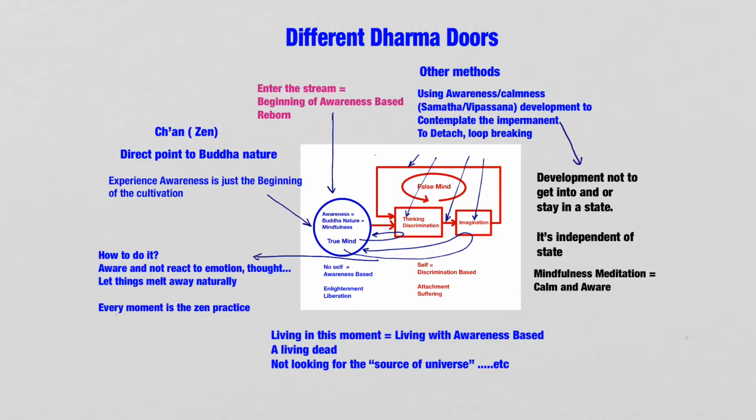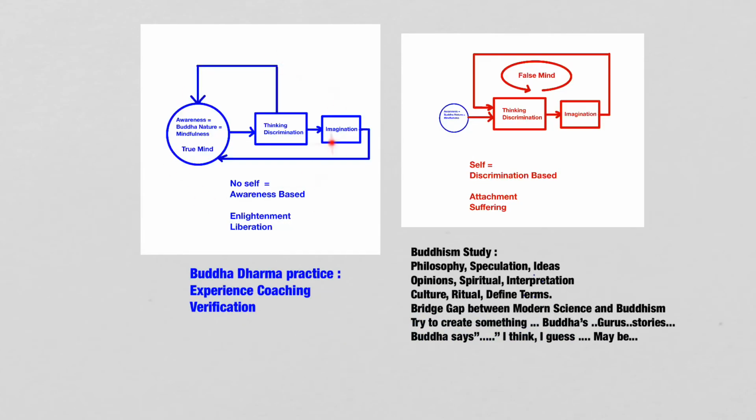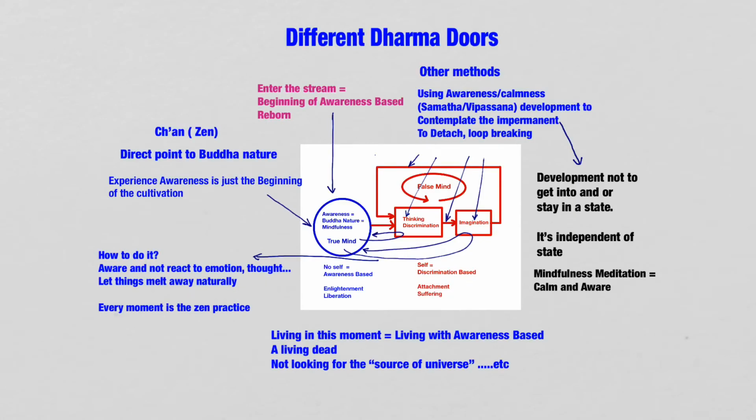And since it's impermanent, then one detaches from it, and one breaks this loop, and it gets back to the same thing. Okay, it's no longer here. It goes and transfers there. So there are two different methods, two different ways of it. And one needs to be careful when one practices samatha vipassana here.